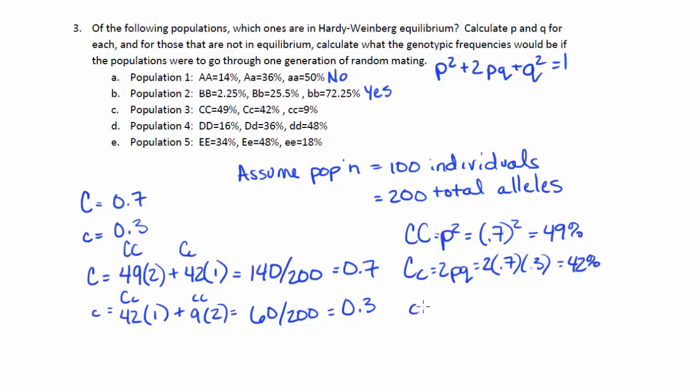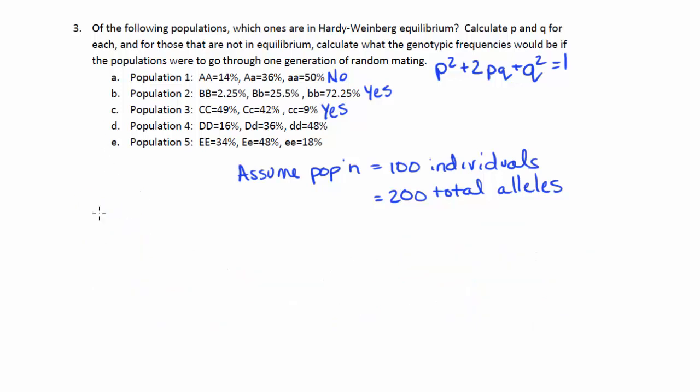And then if we look at little c, this is q squared, and q squared is 0.3 squared. And 0.3 squared is equal to 9%. So since the frequencies that we're getting here match the frequencies up here, we can say that yes, population 3 happens to be in Hardy-Weinberg equilibrium as well.